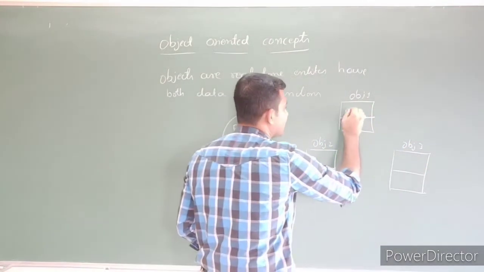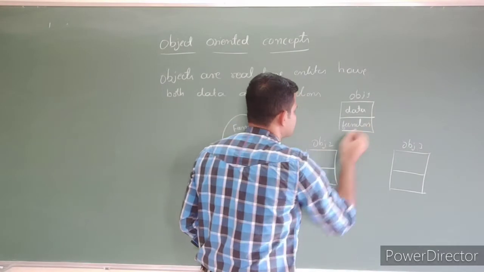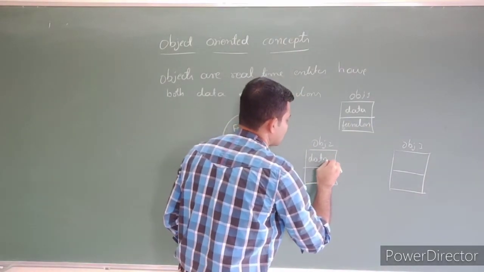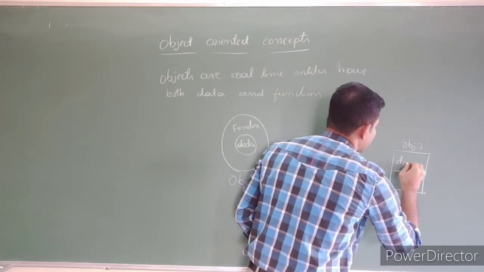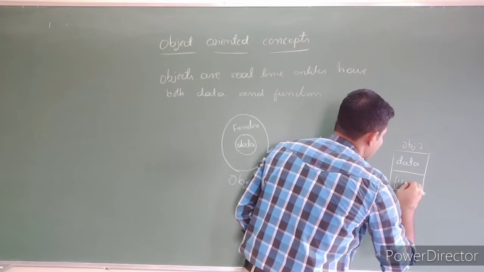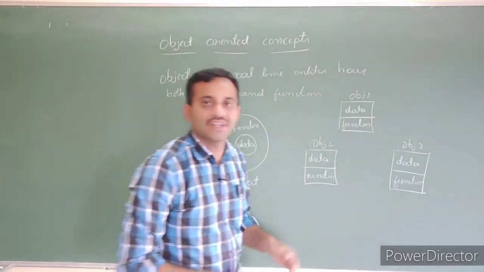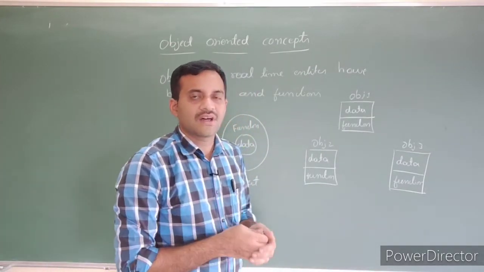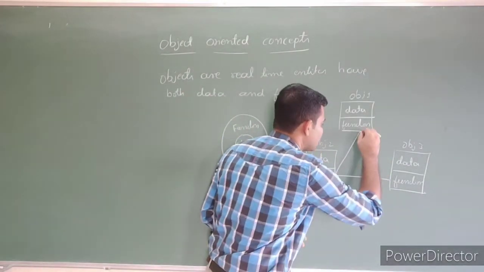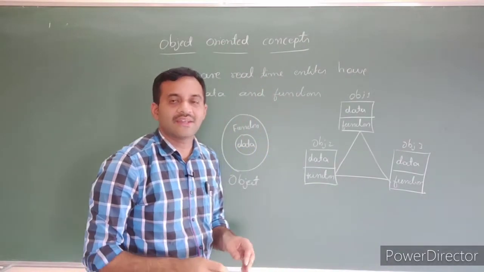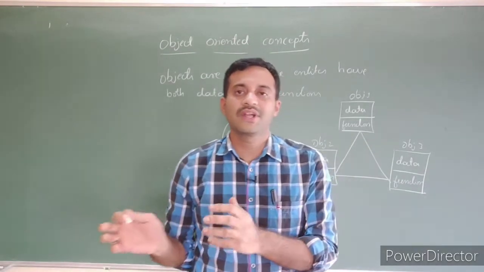Every object has data and functions. There are three objects, and all objects communicate only through functions, not directly. Hence, data is hidden from unauthorized access. That is the main concept of object-oriented programming.